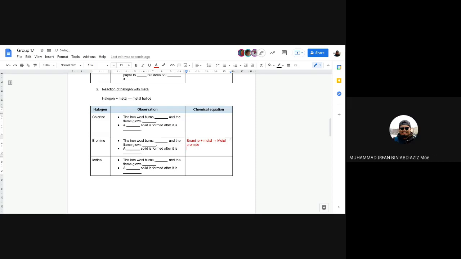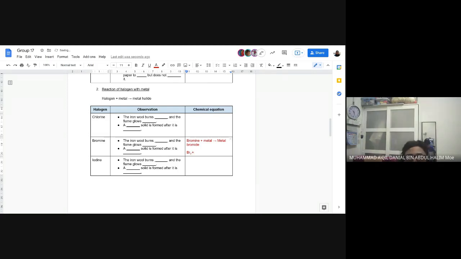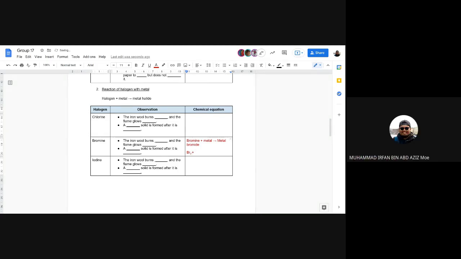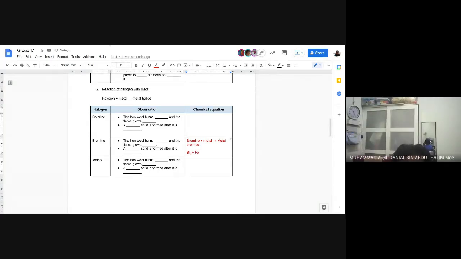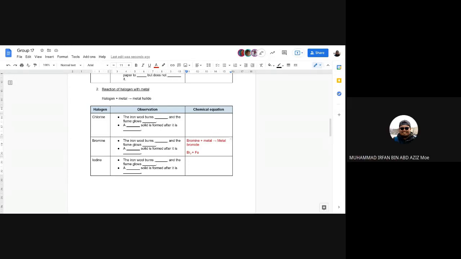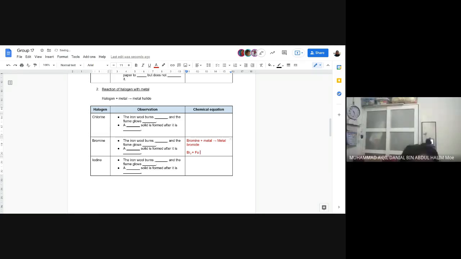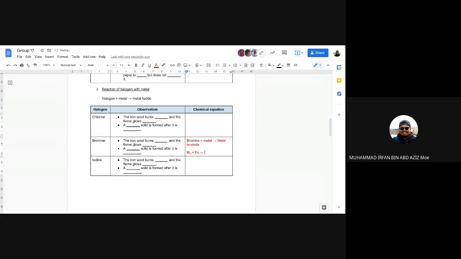In this example, we use Br2 plus metal. We use Fe. Then, not metallic bromine, we call it metal bromide. Okay, get metal bromide Fe.